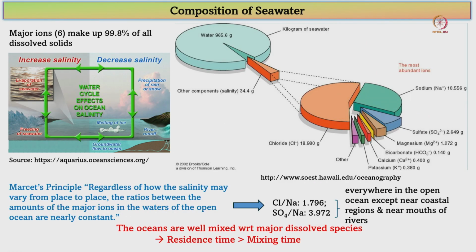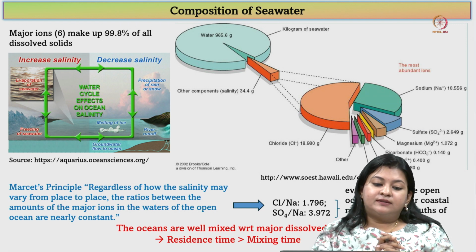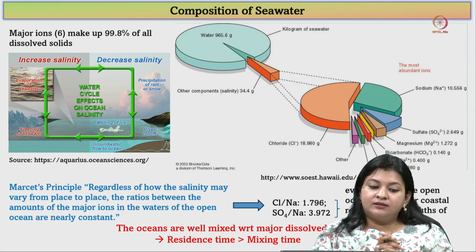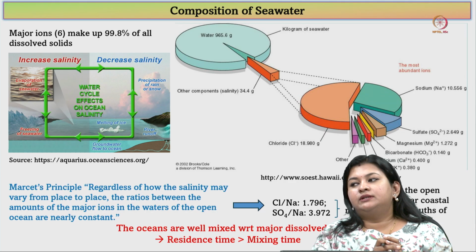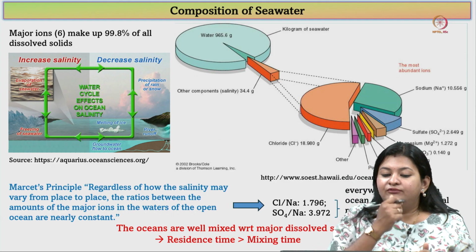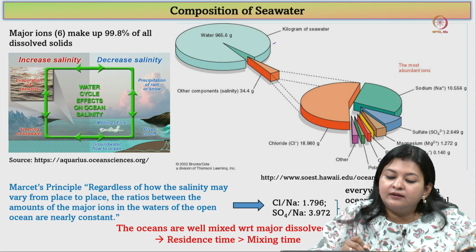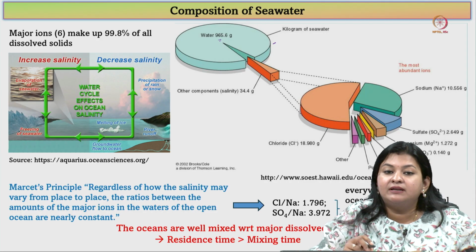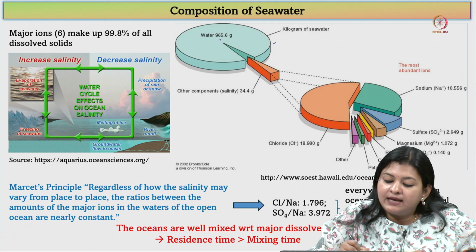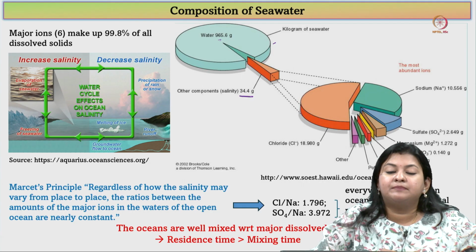So, let us see what seawater is made up of. The 6 major ions make up 99.8% of all the dissolved solids in the water. See, if you have 1 kg of water, then 965.6 grams is water, and salinity, that is total salts, is just 34.4 grams.